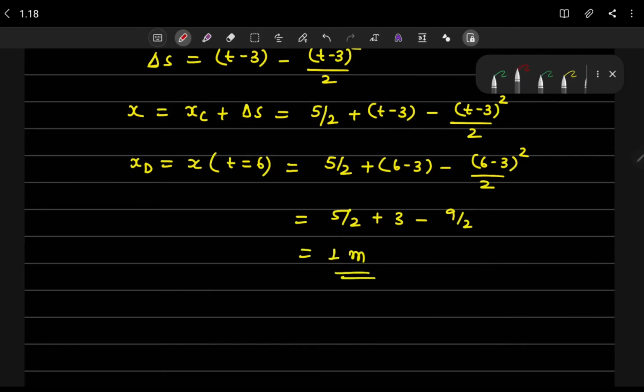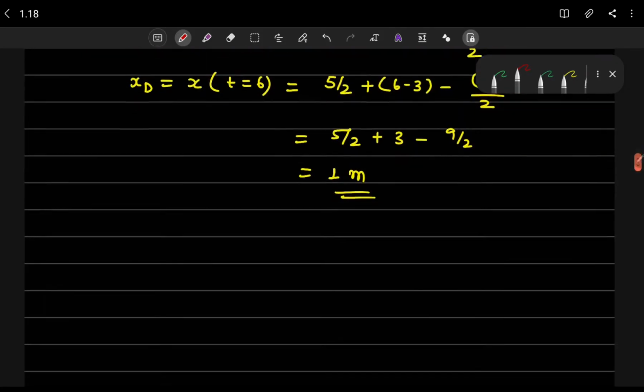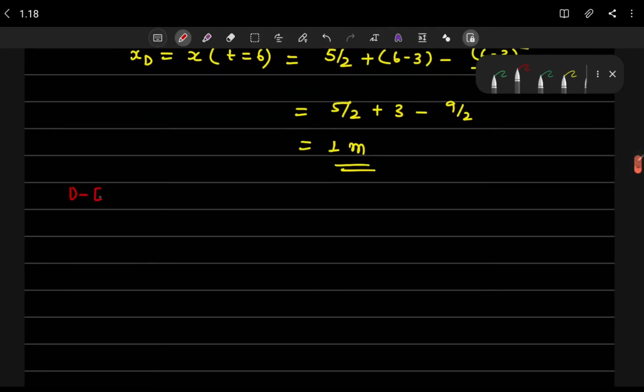Now if we analyze the kinematic parameters in the region D to E, again the acceleration is equal to velocity at point E minus velocity at point D divided by TE minus TD.